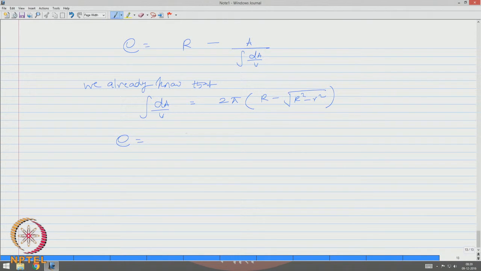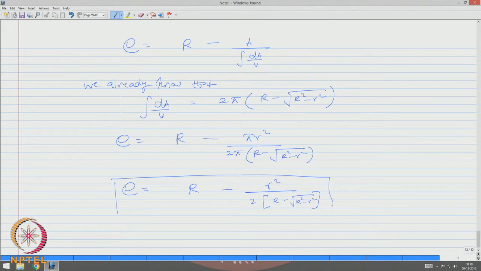Therefore, E is going to be R minus pi r square by 2 pi R minus root of R square minus r square. By simplification, E will be R minus r square by twice R minus root of R square minus r square. So, I get E, which is equation number 10.